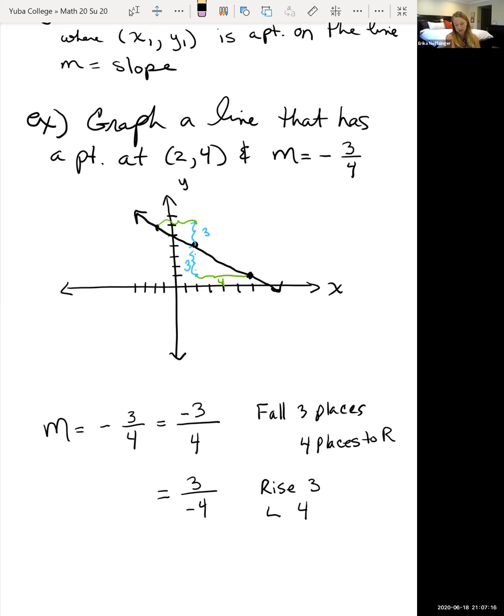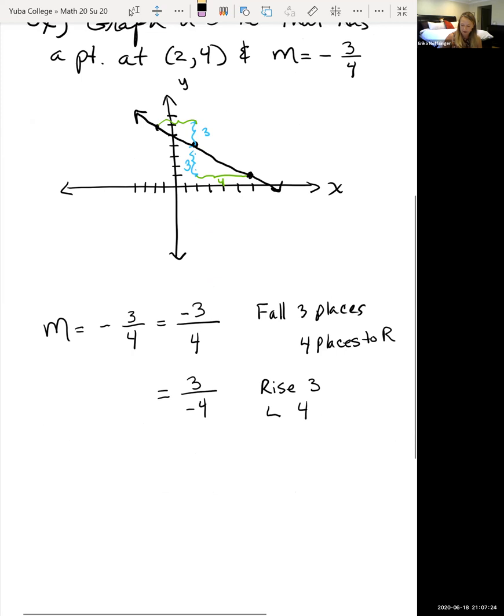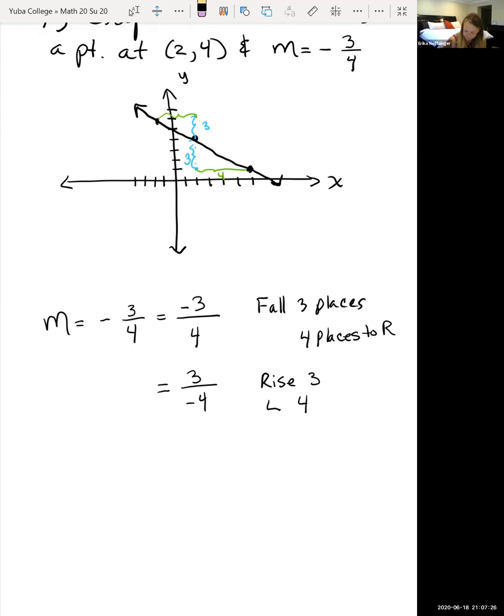So the other thing you need to be able to do is, given information about a line, you should be able to find the equation of the line. So let's look at the same problem. Given that we know that our slope is -3/4 and we have a point at (2, 4), we want to find the equation of the line.